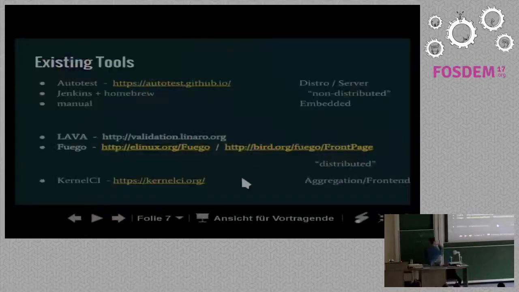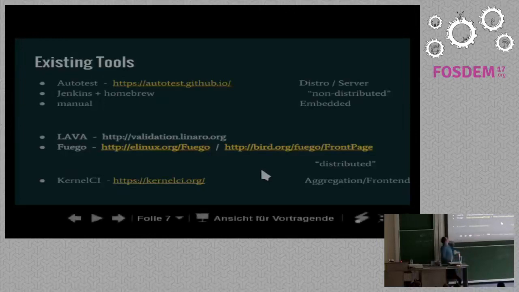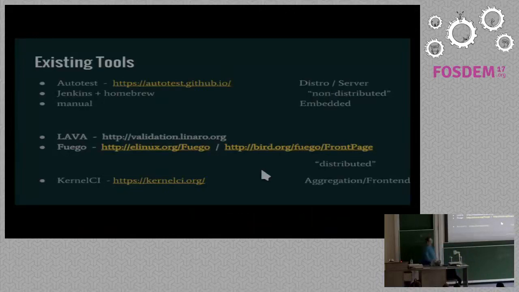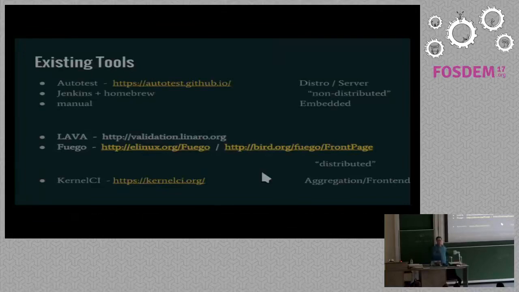Now, when we looked at the frameworks for AGL, we were looking at what's out there in the distribution space. There exists Autotest. There are things like OpenQA. That's a little bit graphics, but we are embedded.